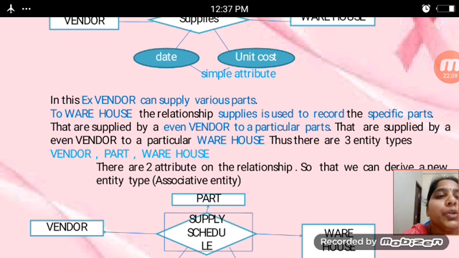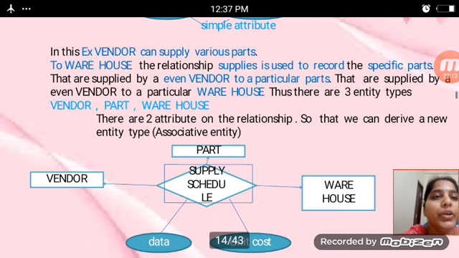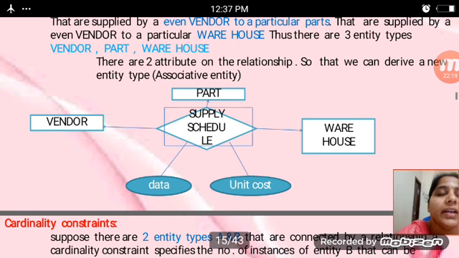There are two attributes on this relationship, so we can derive a new entity, the associative entity. In this case, there are three entities: vendor, part and warehouse, and in this relationship a supply schedule will be there.